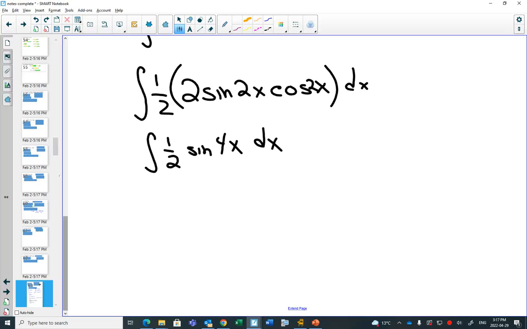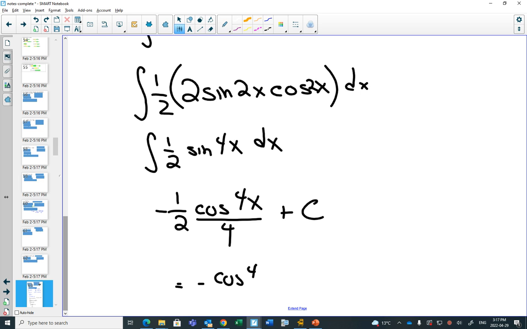Negative cos. We're going to try one more time. It's negative. So we'd have negative cos 4x. And because you would have had a chain rule where you have to multiply by 4, here we divide by 4, plus c. So it's equal to negative cos 4x all over 8 plus c, which looks completely different than our answer from before.